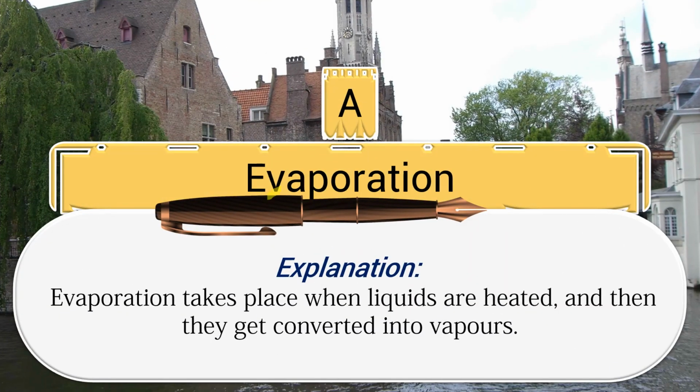The answer is evaporation. Evaporation takes place when a liquid is heated and then gets converted into vapor. That's what we call evaporation. When we heat a liquid, it turns into vapor. That process of turning into vapor is what we call evaporation.